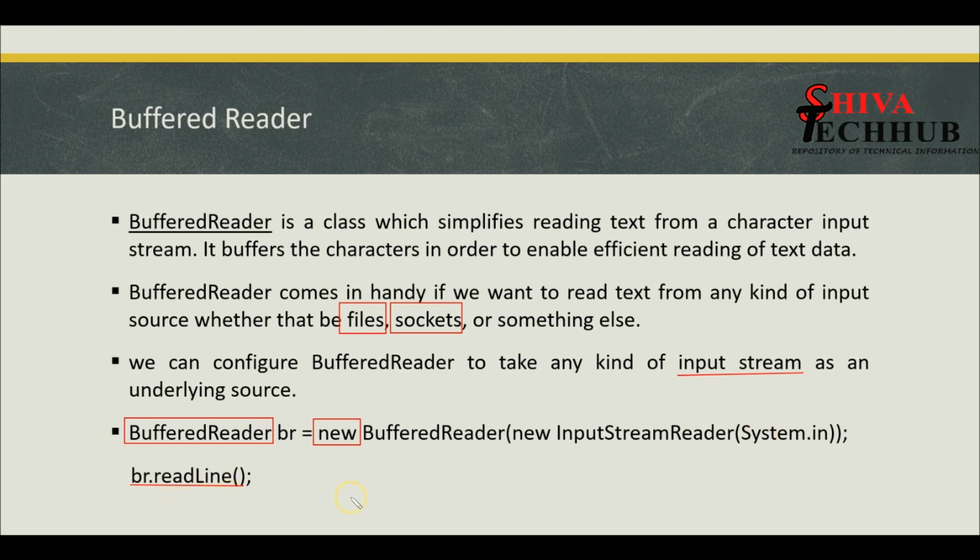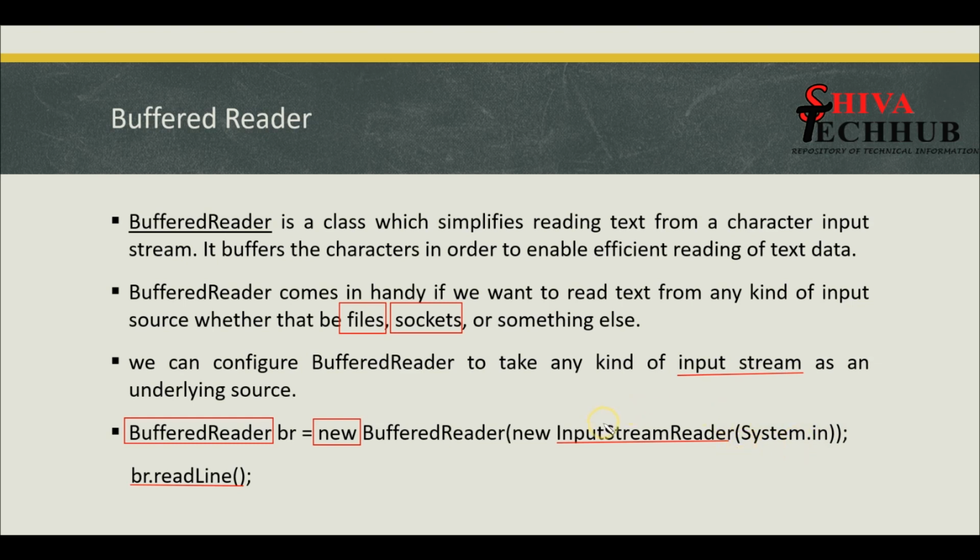Now, as I said, in order to pass the input in the form of streams, we need to create an input stream reader object, right? So that is what we are doing here. So InputStreamReader is a class. You can also define an object in this way directly. New InputStreamReader of System.in. System.in is nothing but you are accepting the input in the console, right?